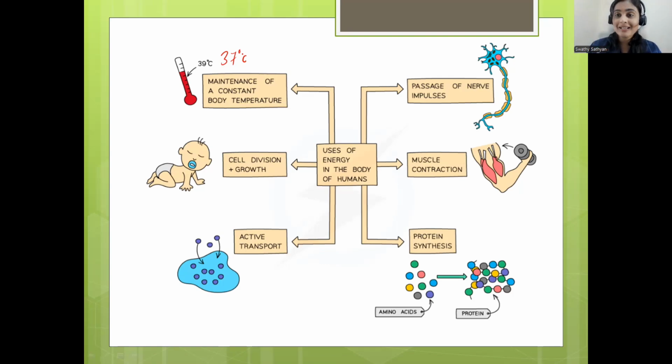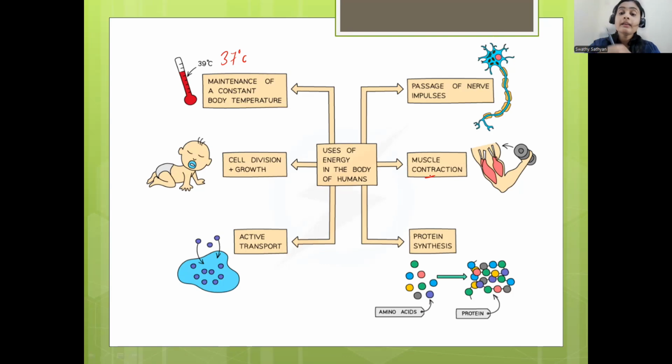And for muscle contraction, we move from one place to another, or move our body parts with the help of our muscles, right? So for the contraction and relaxation, muscle cells require energy.